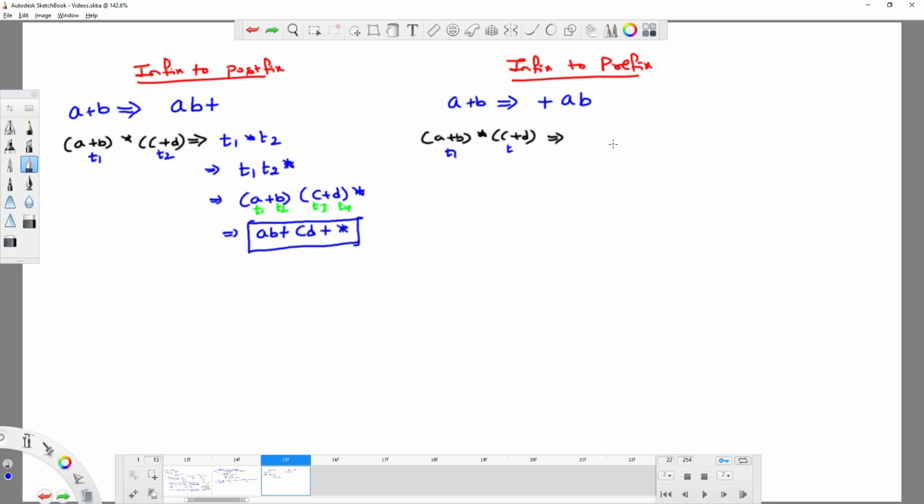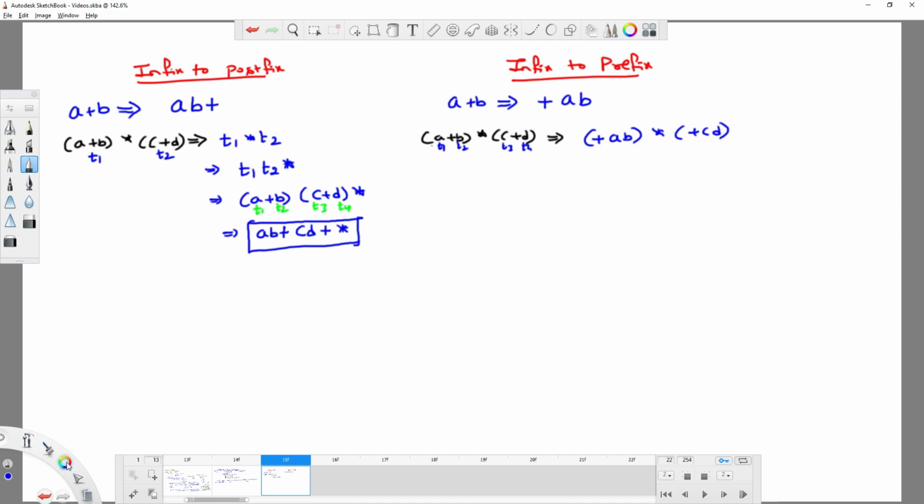Or you can do the parentheses first: t1, t2, this will be t3, this will be t4. t1 plus t2 means plus a b. Am I right? The operator comes first. Plus a b into the parenthesis plus c d is what you get.